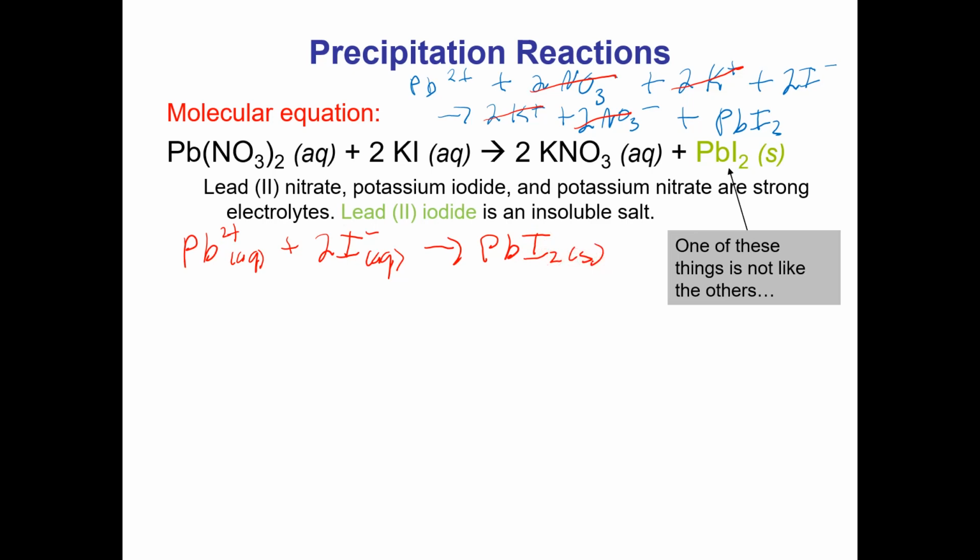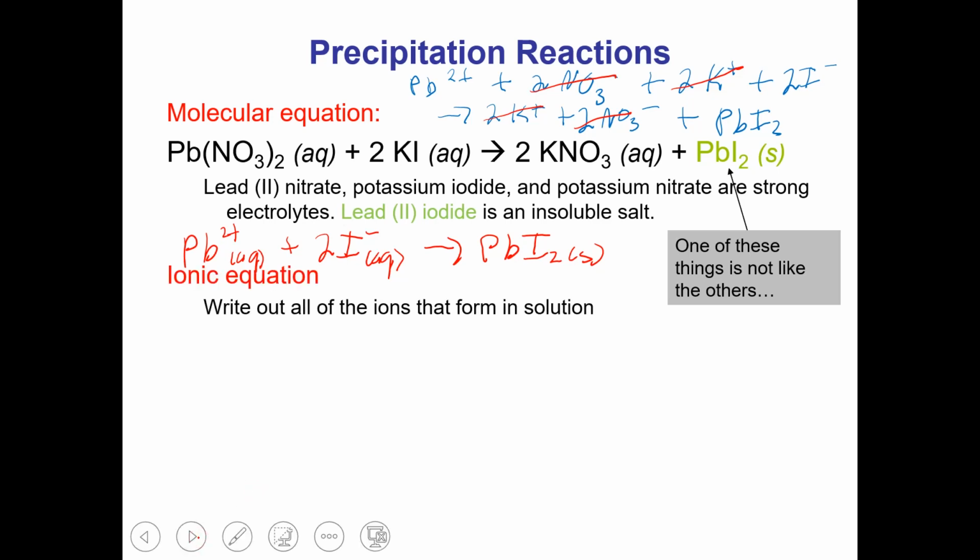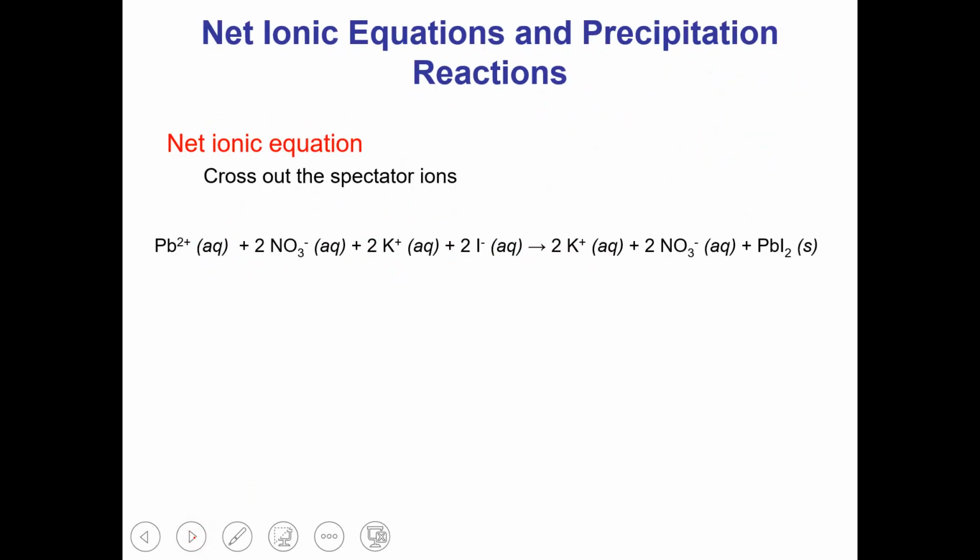So that would be our net ionic equation. That's what's left over after we get rid of the spectator ions. So this is what we just did. This is the net ionic equation we came up with. We get rid of all the spectator ions, and we have the net ionic equation.